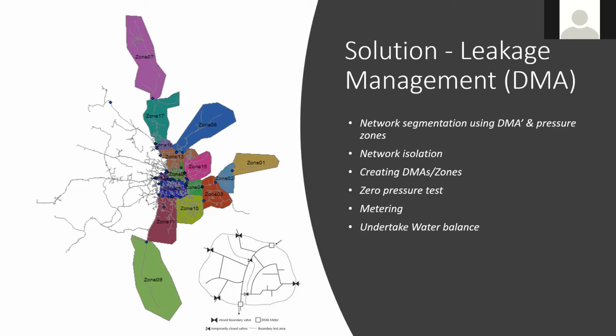After doing the water balance, you can now have a very fair idea of how much water is being lost. And then from that point, we can take up other steps like active leakage search and repair to zone in on some of these places that would help us deal with reducing non-revenue water.